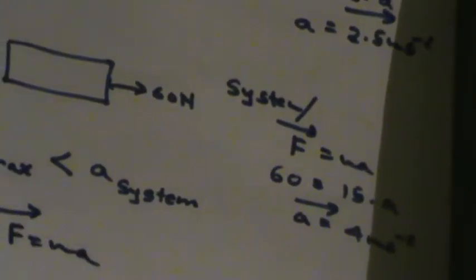So the net force will be 60 minus 12.5, which is equal to 47.5. Its mass is 10, and the acceleration is a, so the acceleration is 4.75 meters per second squared. So the acceleration of B is 4.75 meters per second squared.